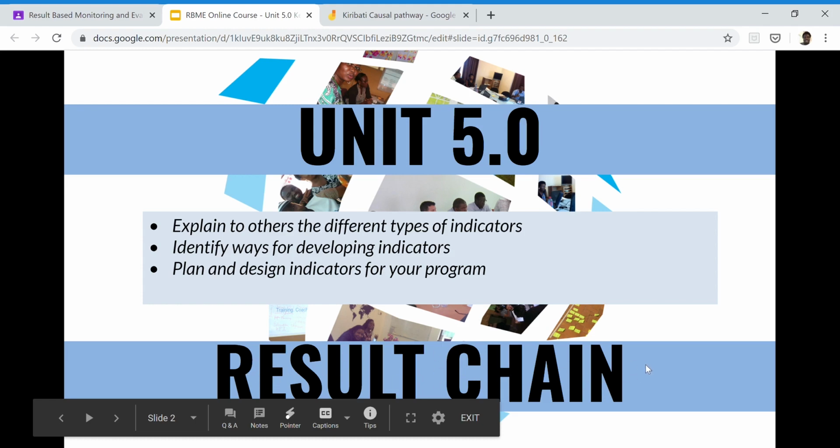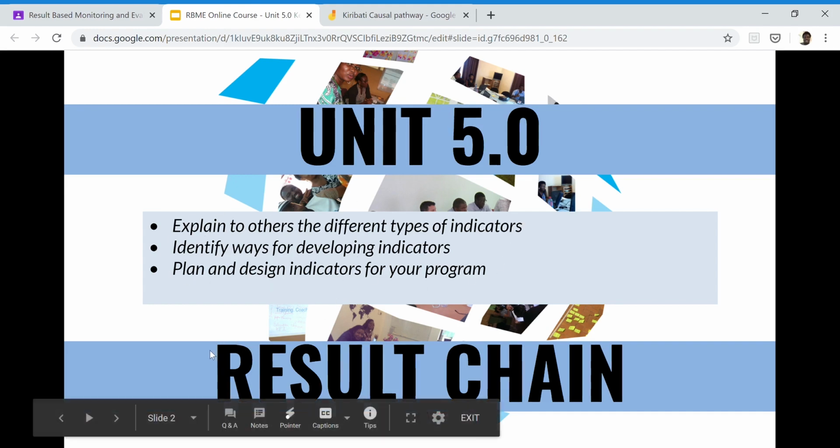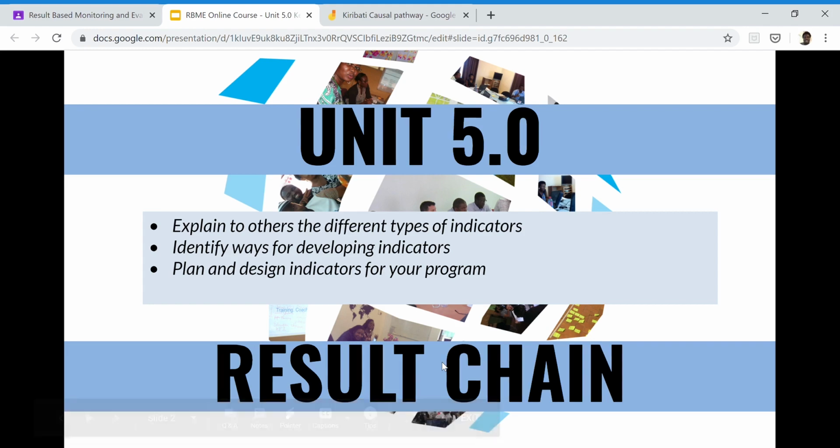So we're supposed to explain to others the different types of indicators, identify ways for developing indicators, and then be able to plan and design indicators for your program. So this is the lesson objective for this unit. Apologies again, this is actually supposed to be key indicators and not result chain.